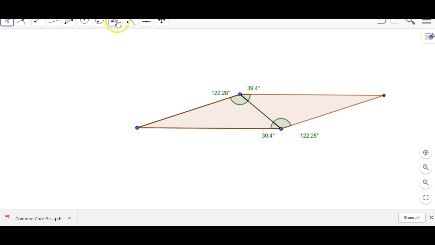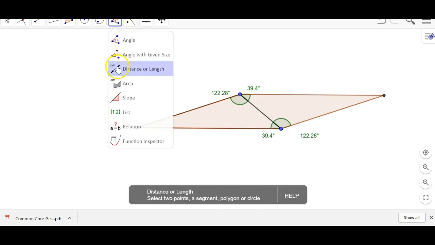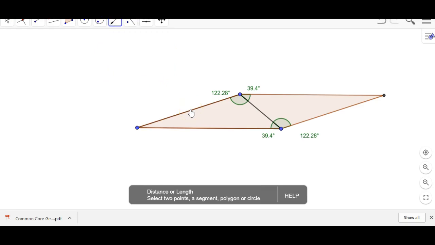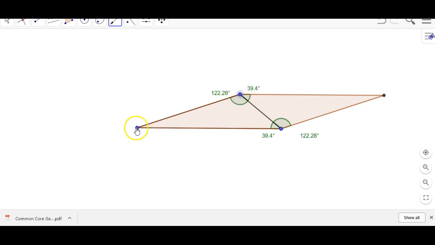Well, I know that each of these sides, from here to here, has to be congruent to here, right? Because they are corresponding sides of those triangles. And that side has to be congruent to this side because they correspond as well.